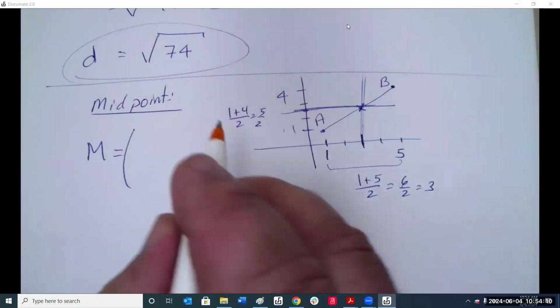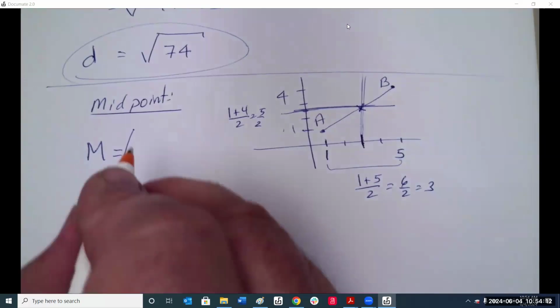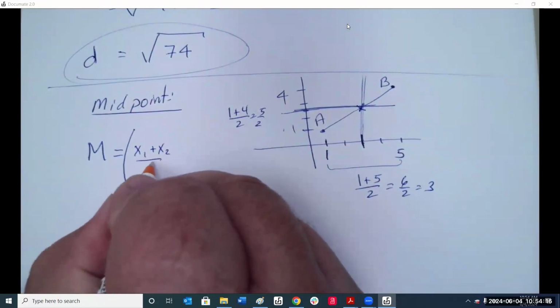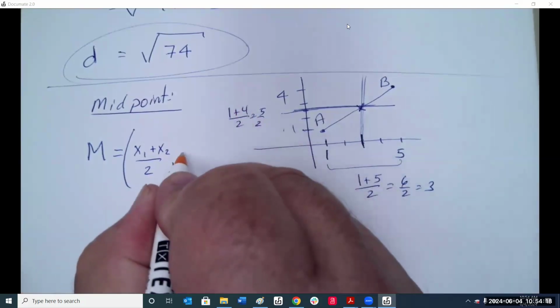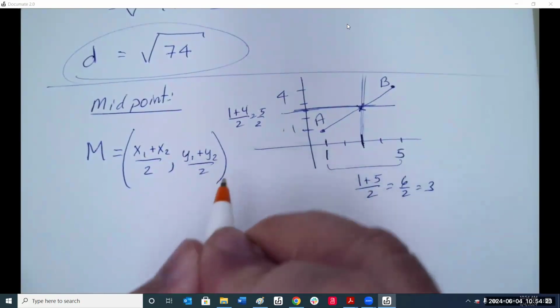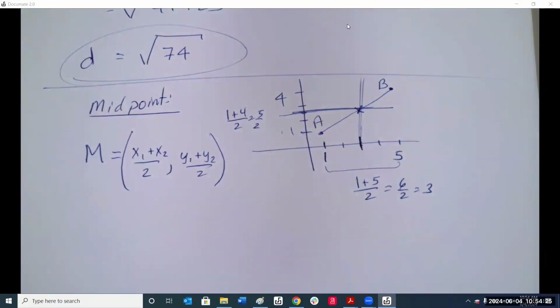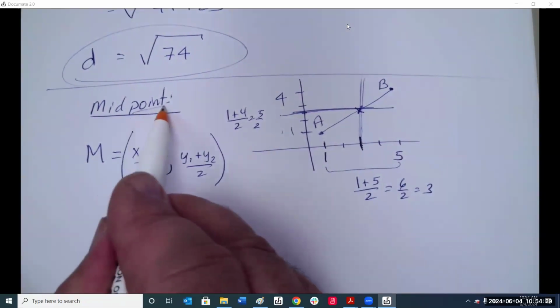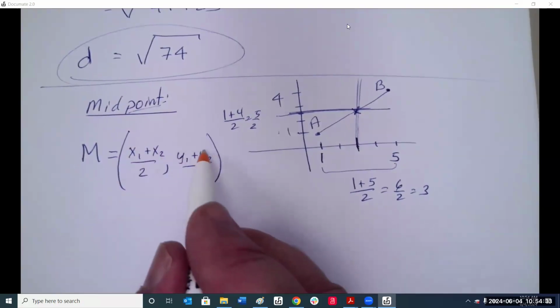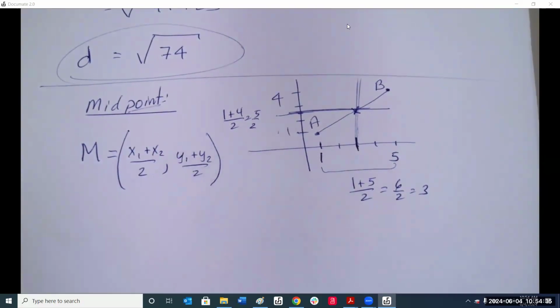So the midpoint formula is an equation. X1 plus X2 divided by 2, Y1 plus Y2 divided by 2. Because it's a point, it's a location. We have to do the average of the X values and the average of the Y values.